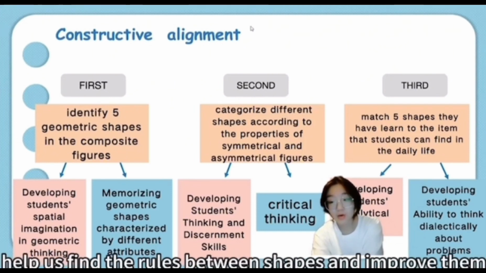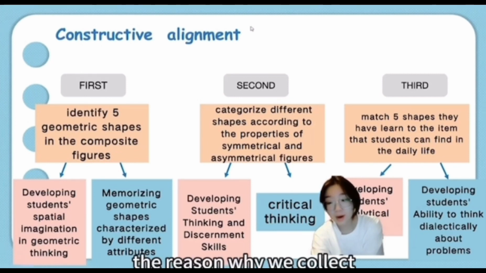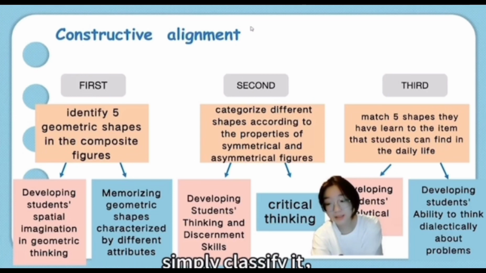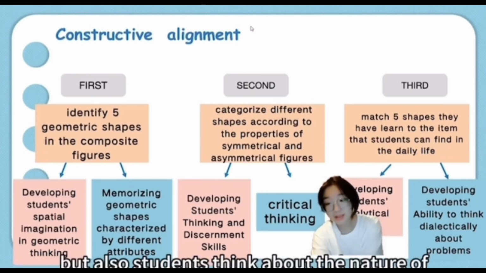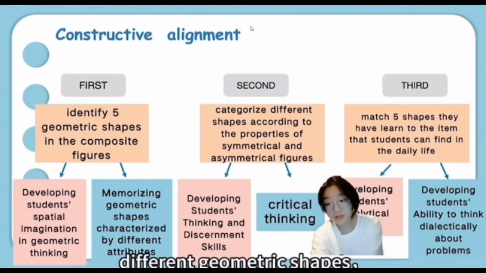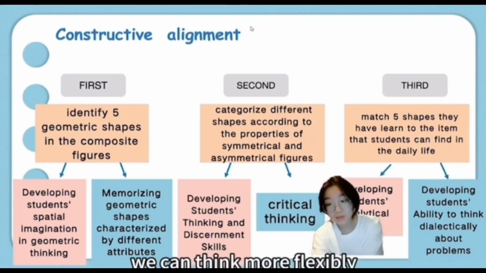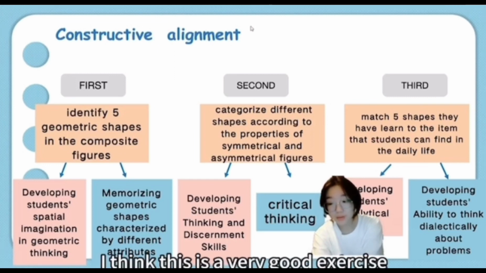According to level 4, the reason we chose this concept is that this task not only simply classifies, but also makes students think about the nature of different geometrical shapes, and through comparative analysis and trying different methods, they can think more flexibly. Generally speaking, I think this is a very good exercise.